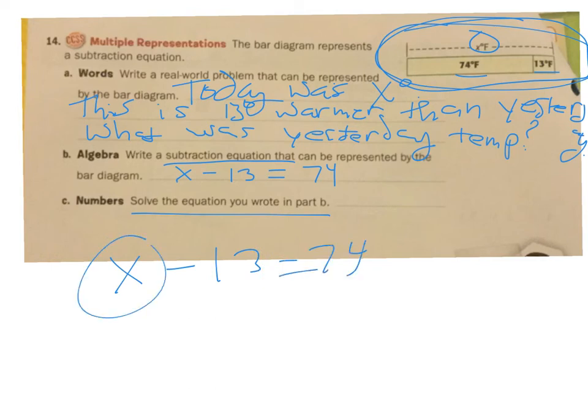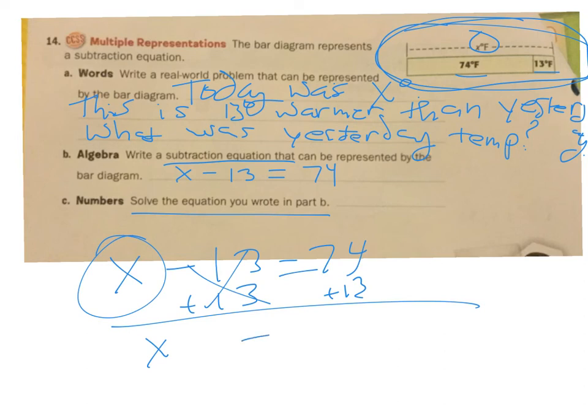I want to have X all by itself, so I got to add 13 to each side. And then let's see what we've got. X, these cancel, equals 87. 87 degrees. I could put that in here. 87 minus 13. That does equal 74. So this is correct. All right.